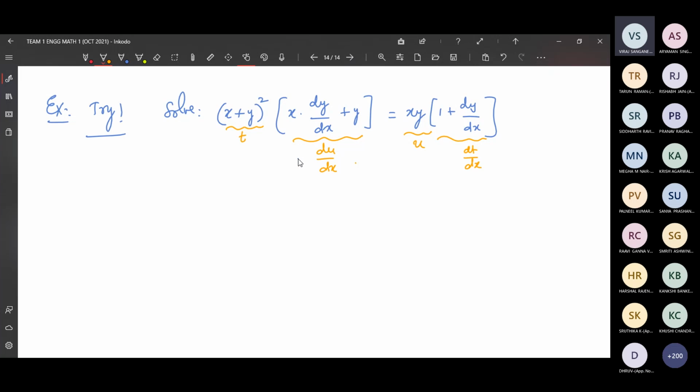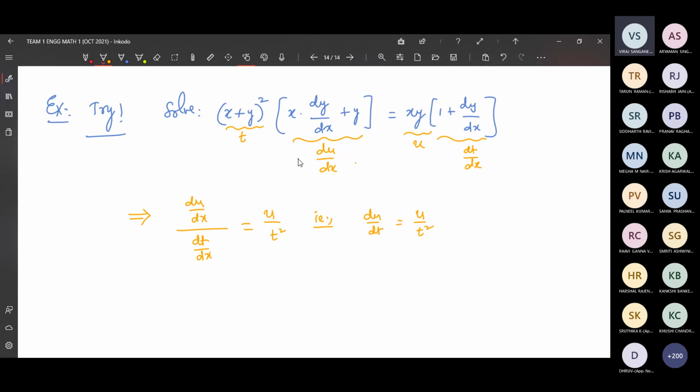So if we take this, I just give the hint, this becomes du by dx by dt by dx, which becomes u by t square. That is du by dt equal to u by t square.